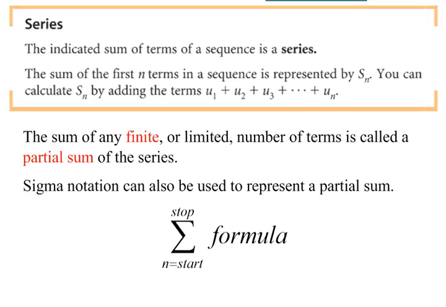You can calculate s sub n by adding the terms u sub 1 plus u sub 2 plus u sub 3 all the way through u sub n. The sum of any finite or limited number of terms is called a partial sum of the series.